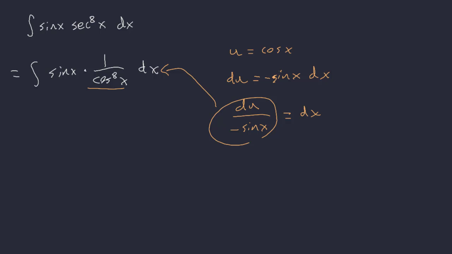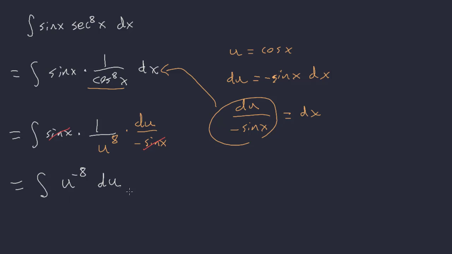So when we do our transformation now, we get the integral of sine of x times 1 over u to the 8th, and then dx becomes du over negative sine of x, and then the sines cancel, and I'm going to rewrite this as an exponent so that we have the integral of u to the negative 8 du. And there we go, right?